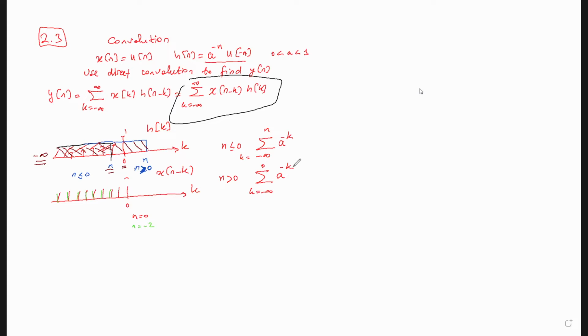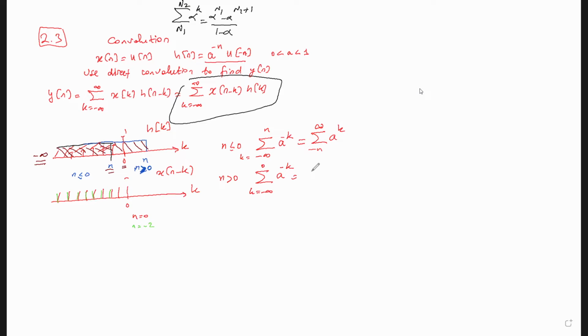Again, we'll be using our identity. This is quite useful. The sum of alpha to the power k is alpha to the power n1 minus alpha to the power n2 plus 1, over 1 minus alpha. Okay, so we can apply this to here. We can also write this as a reverse, minus n to infinity a to the power k.